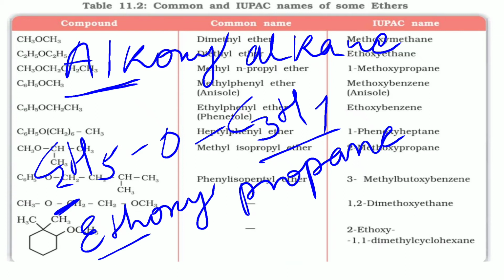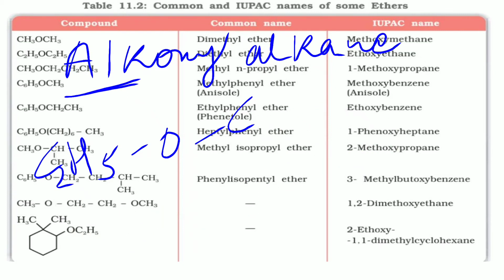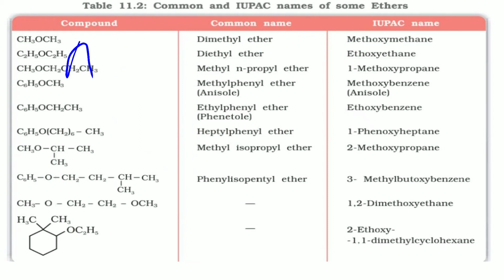Here are some IUPAC names of ether compounds. We can see CH3OCH3 is dimethyl ether and methoxymethane. Since both the groups are the same, we write methoxymethane. Here also both groups are the same, diethyl ether, ethoxyethane.